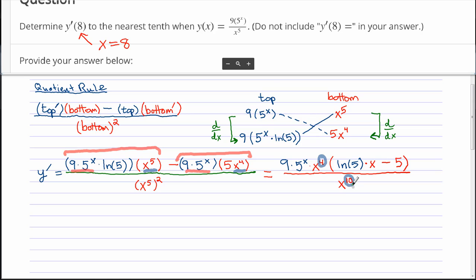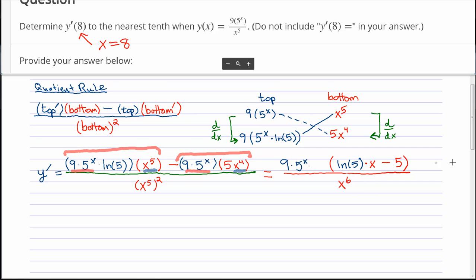These 4 x's will knock out 4 of those x's. So I'm going to go ahead and just erase here. So this x to the 4th is just going to go away, or turn into 1. And this x to the 10th will turn into an x to the 6th. Okay, and now I think we're pretty much as simple as we can be.